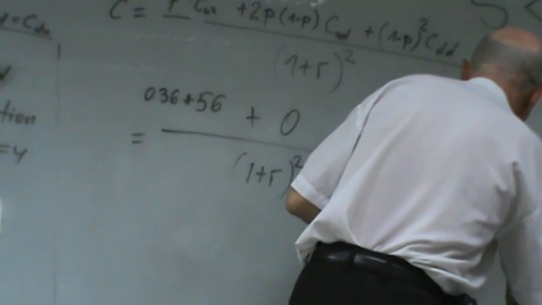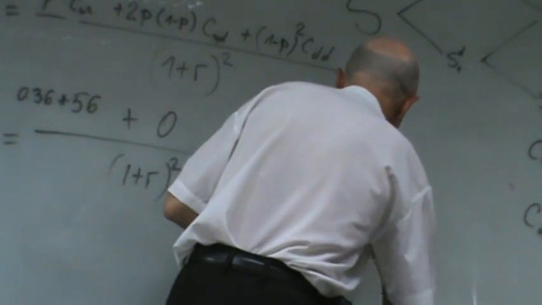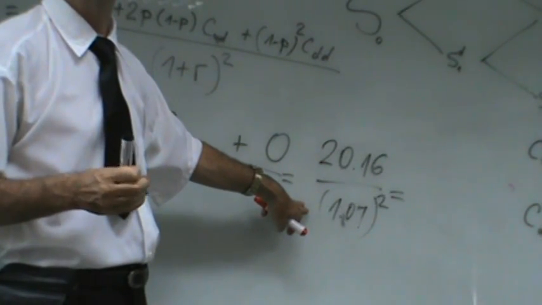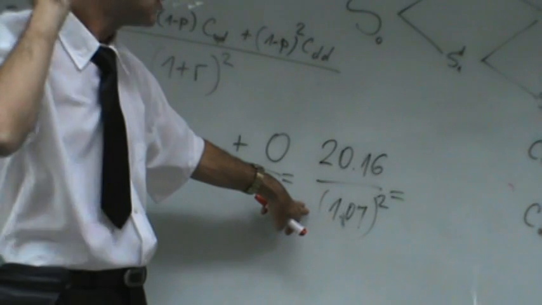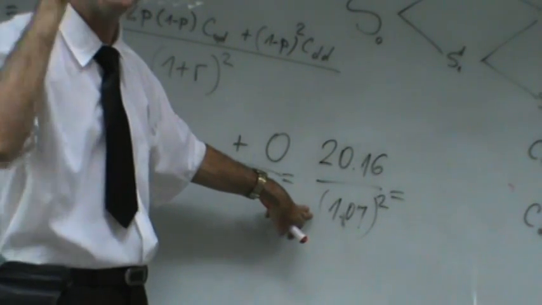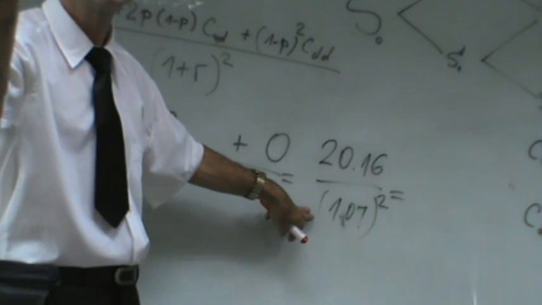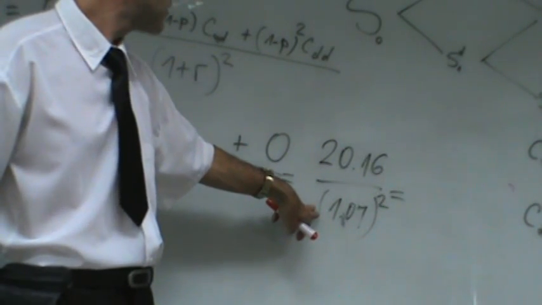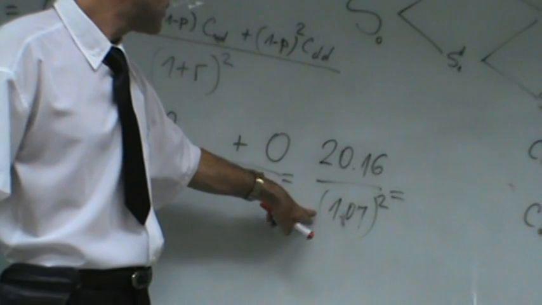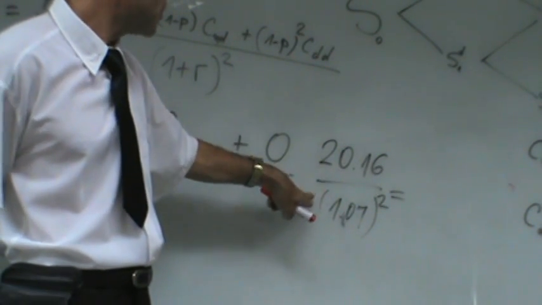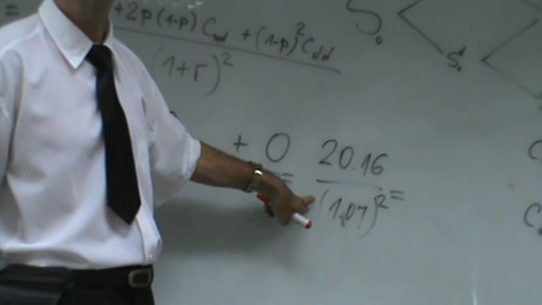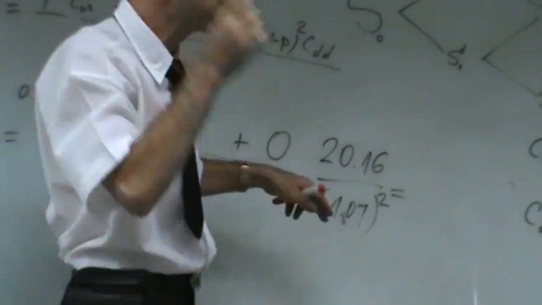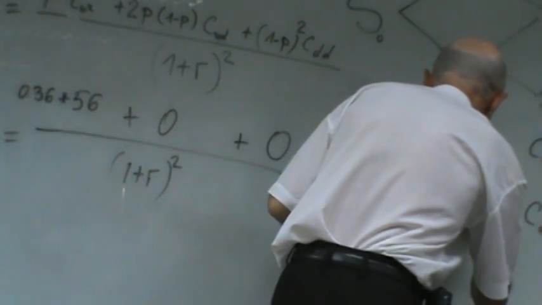It's got to be about 20. 20.16. Now divide by 1.07 squared, which is 1.145. That's about 17 something. 17.69.